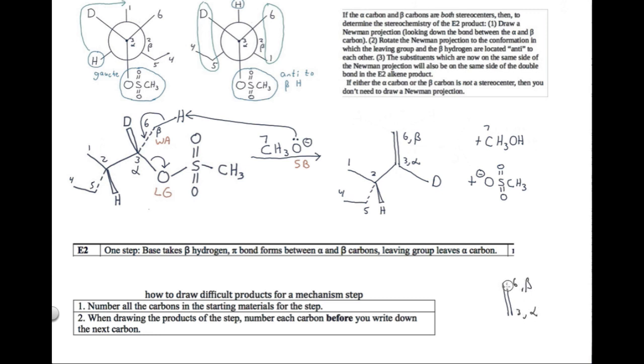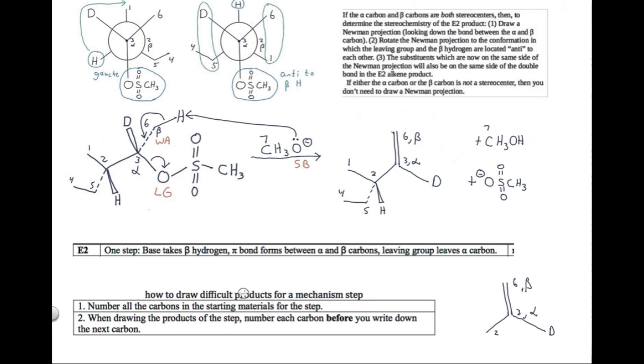And then we added one atom at a time the 4 substituents that were connected here. And we numbered each of them before we wrote down the next carbon. For example, first we drew in the deuterium, then we drew in carbon 2, and we numbered it before going on to say what carbon 2 was attached to.